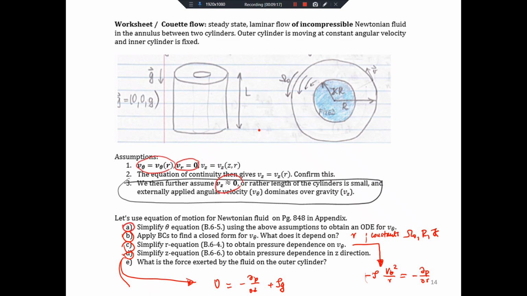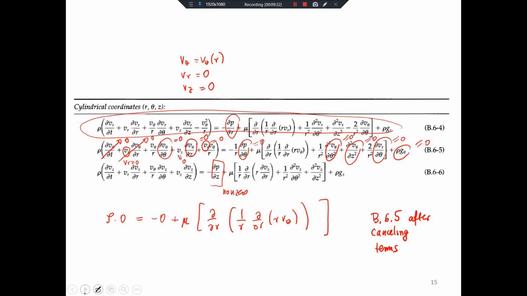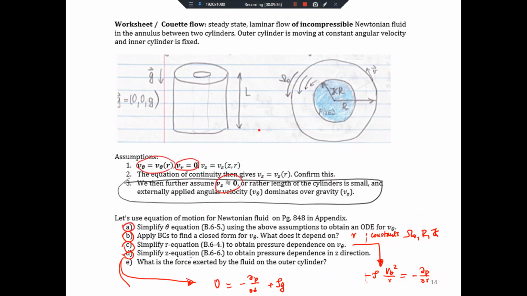Excellent. So now the question is, what is the force exerted by the fluid on the outer cylinder? I will now switch to looking at the force on this outer cylinder, which is the one that rotates.